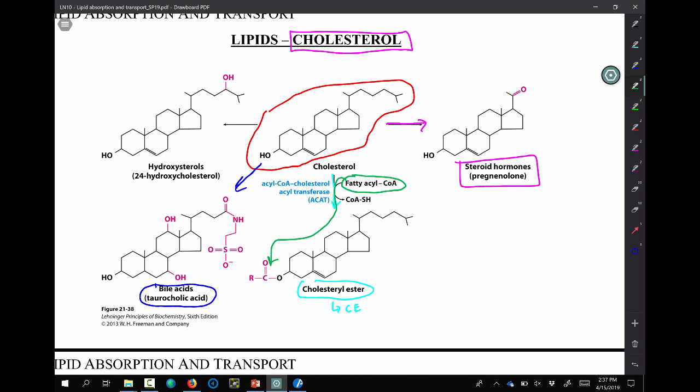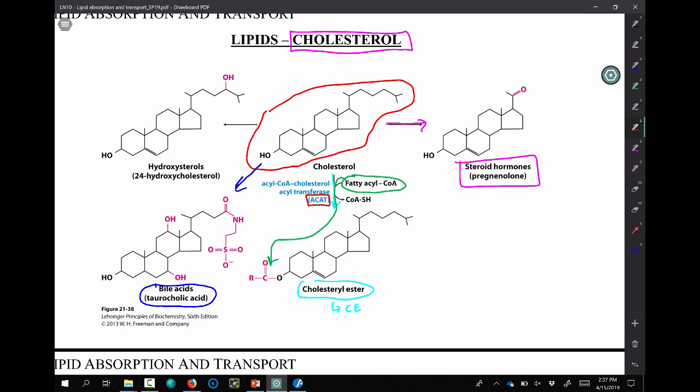Okay. The enzyme that does this, and we're going to encounter it a couple of times, so I'm going to go ahead and mention it, is ACAT, or acyl-CoA cholesterol acyltransferase. I like ACAT. It's easier. Okay, so acyl-CoA cholesterol acyltransferase, ACAT.